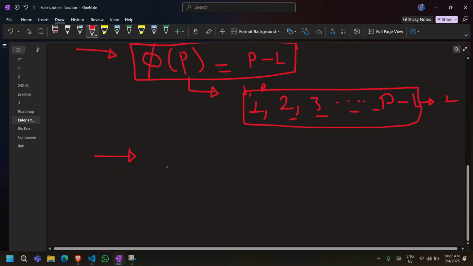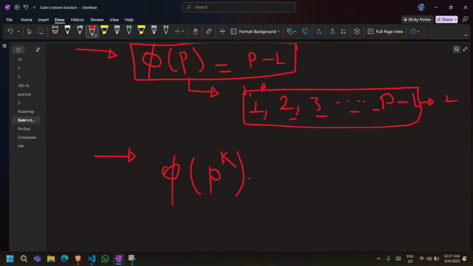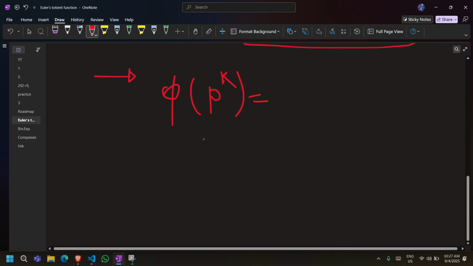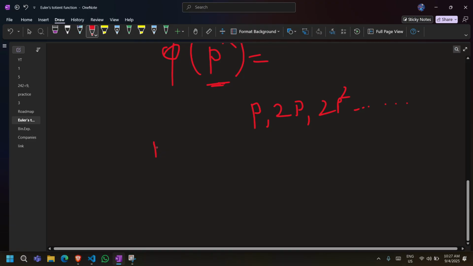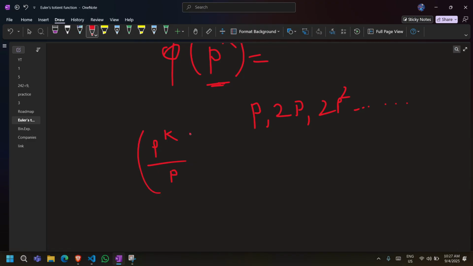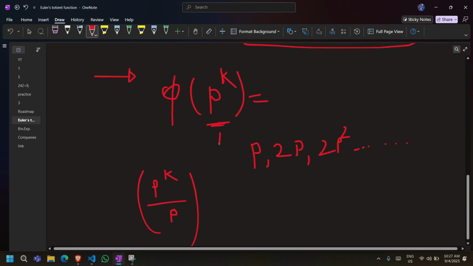Now tell me what is the phi of p raised to power k, where p is a prime number. Now, p raised to power k is divisible by p, 2p, 2p square, something like that. So all the numbers which are divisible by p have GCD not equal to 1 with p raised to power k, right?